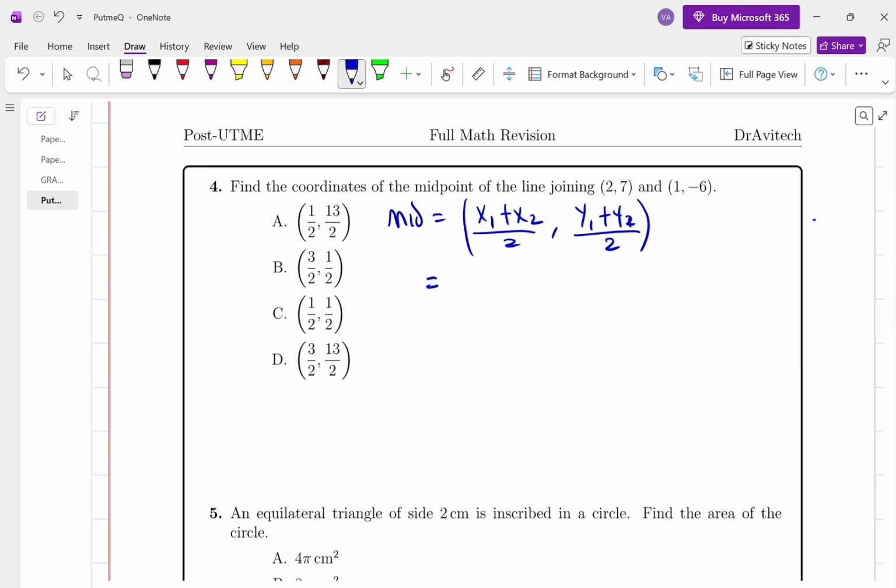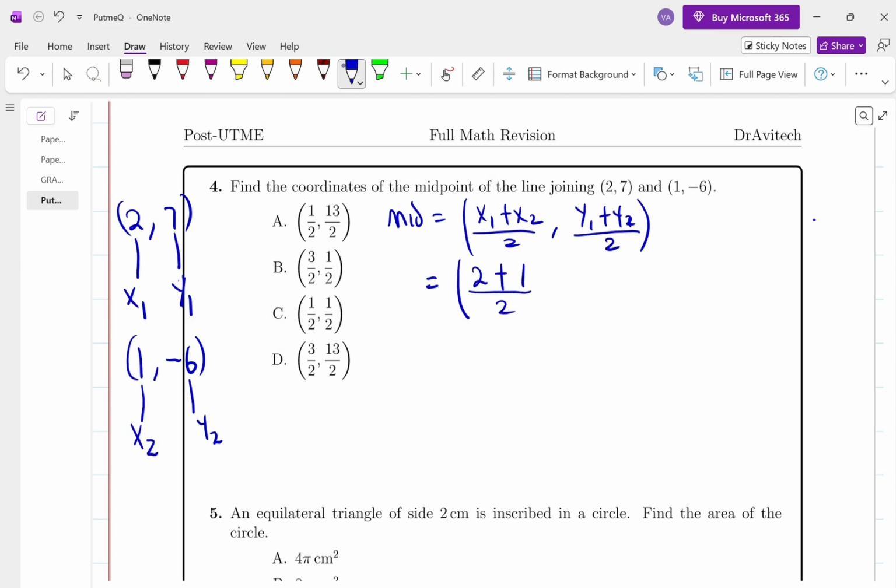Our first point was 2, 7, so we call this x1 and y1. Our second point was 1, minus 6, so this is x2 and y2. So x1 is 2 plus x2 is 1, over 2. Then y1 is 7, y2 is minus 6, over 2.